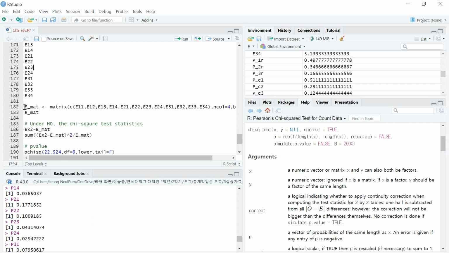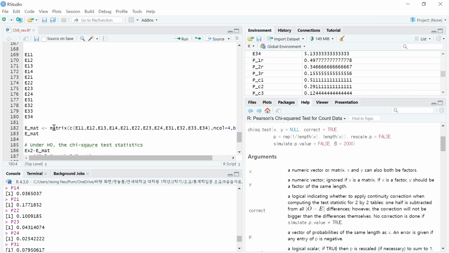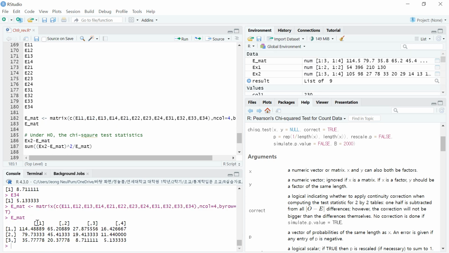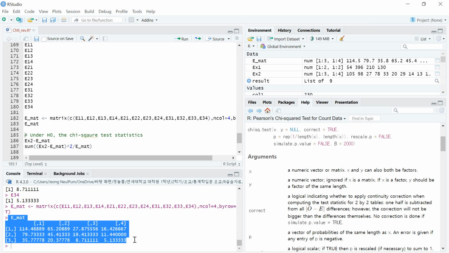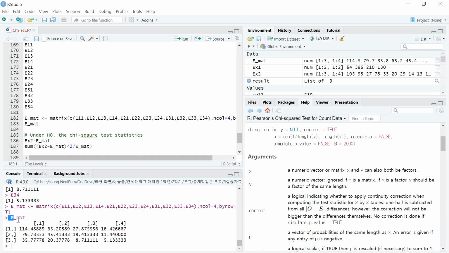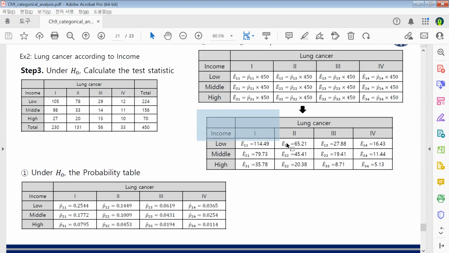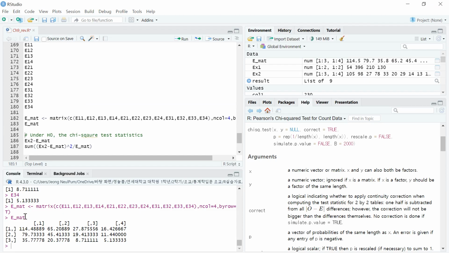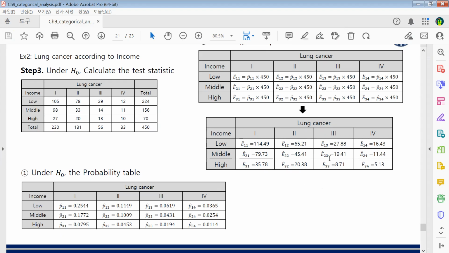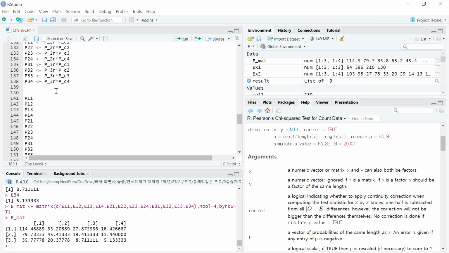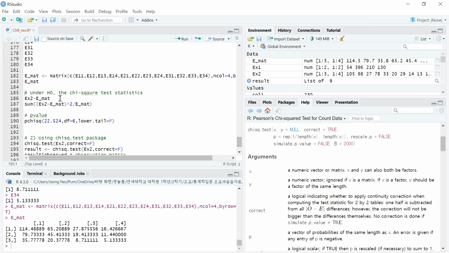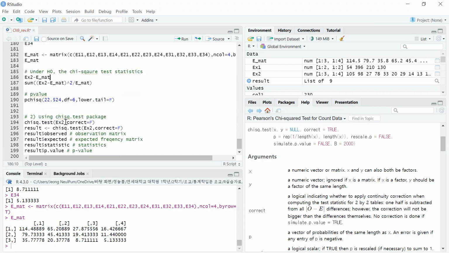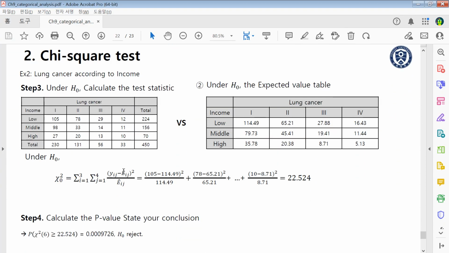After making each element into the matrix form, you can see that our expected frequency matrix has the same value as this contingency table here. So there's no difference from each other, which means that we successfully calculated all the things based on the R code or based on this class material.